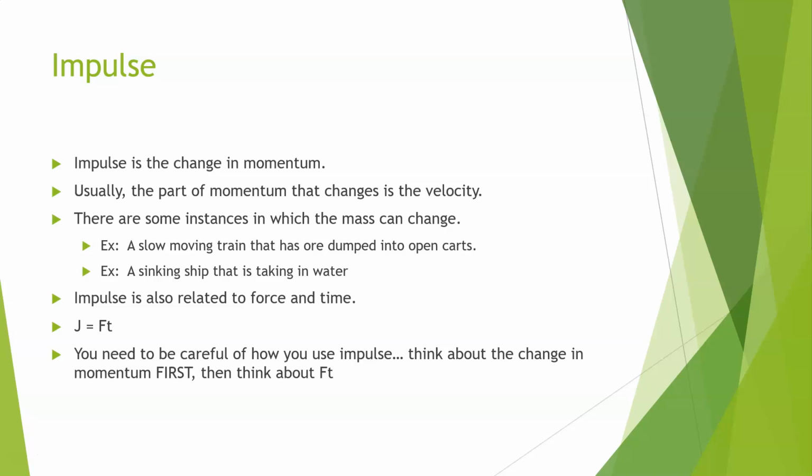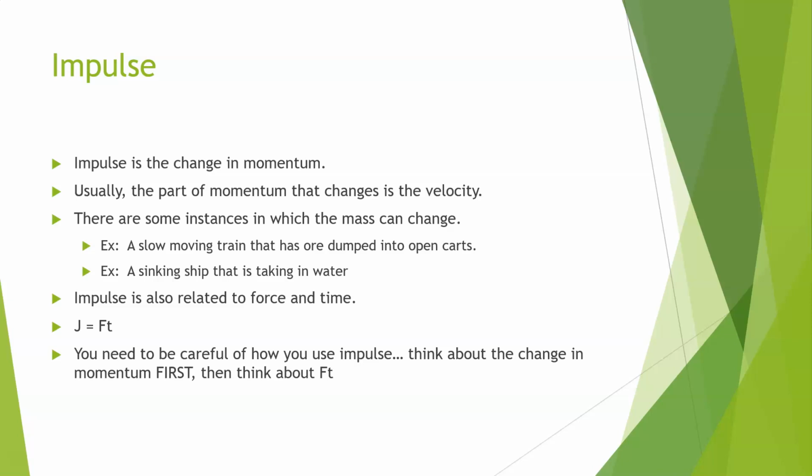Now, as I pointed out, based on the units of momentum, Newton seconds, that means impulse, J, is force times time. Now, this is where momentum and impulse get tricky, because impulse is also delta P. So if I want to know the impulse on a 5 kilogram object that speeds up from 4 meters per second to 20 meters per second, I'm not going to use force and I'm not going to use time.